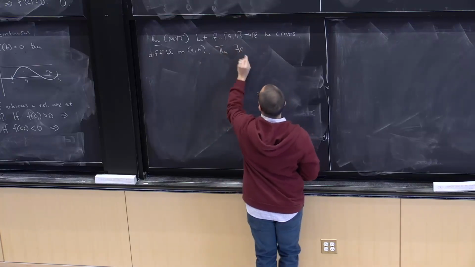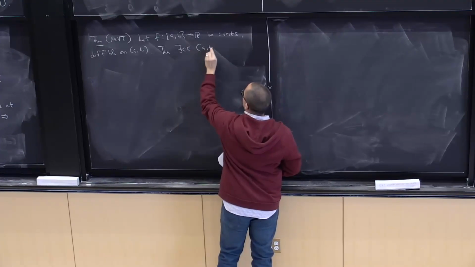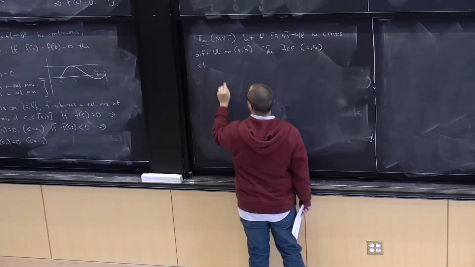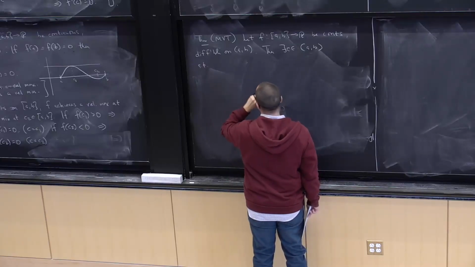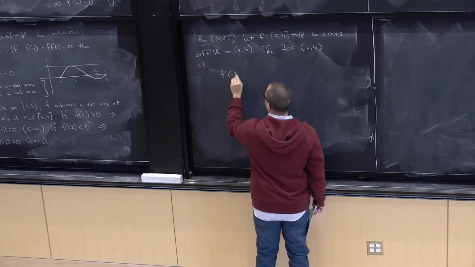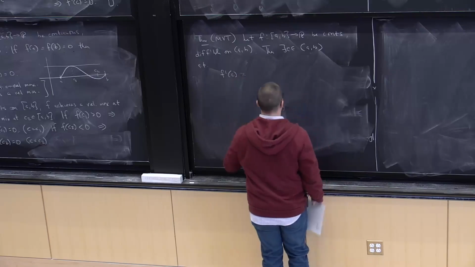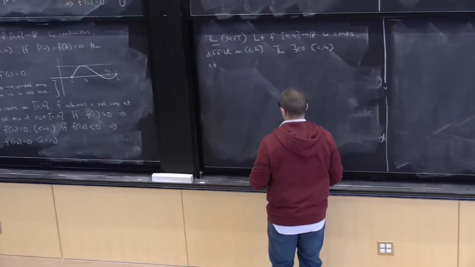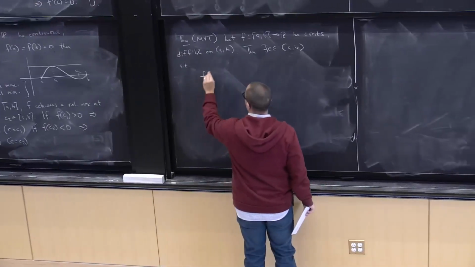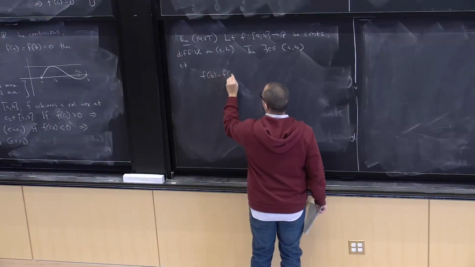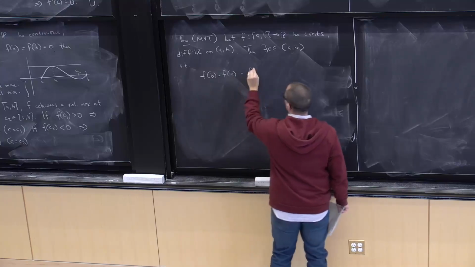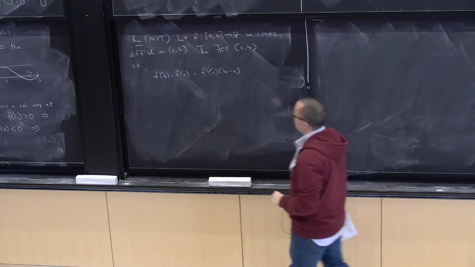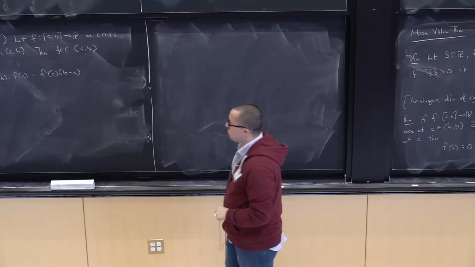Then there exists a c in the open interval (a,b) such that f prime of c, write it this way, equals f of b minus f of a over b minus a. Okay?